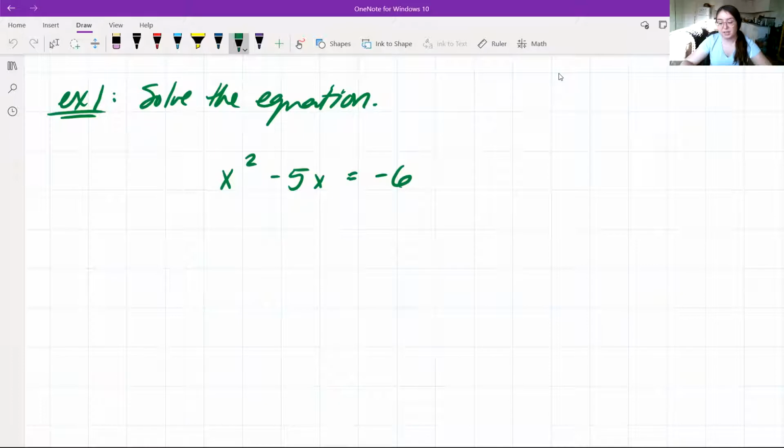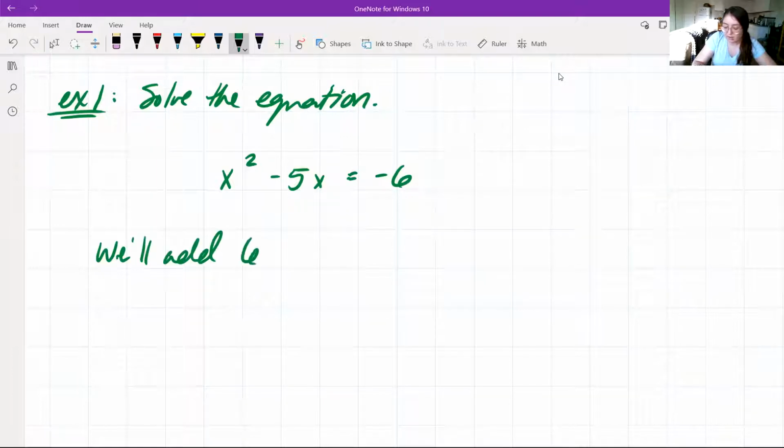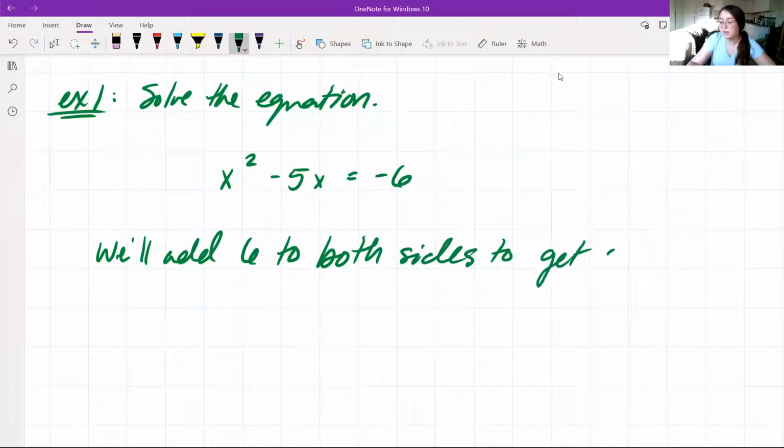And x squared minus 5x is equal to negative 6 is not equal to 0. So let's go ahead and add 6 to both sides to get our quadratic equation.